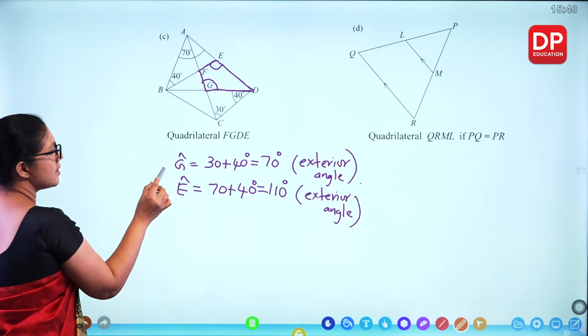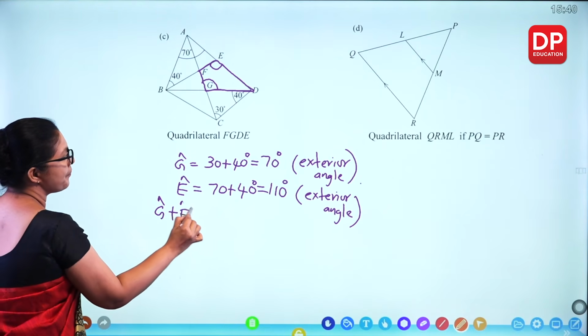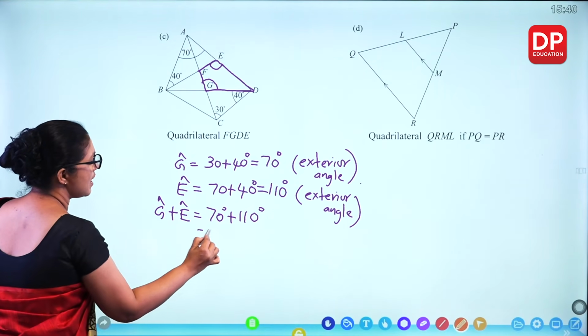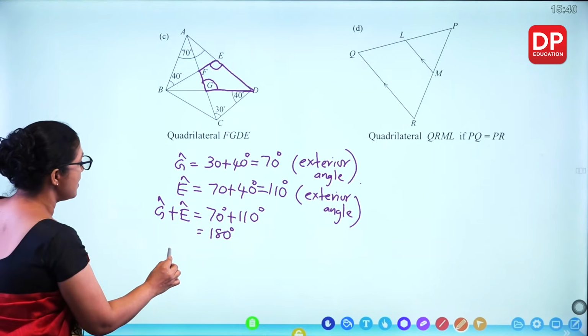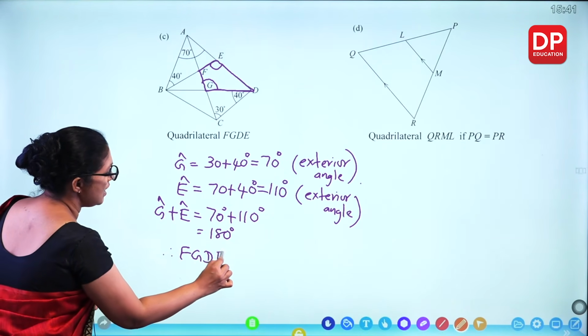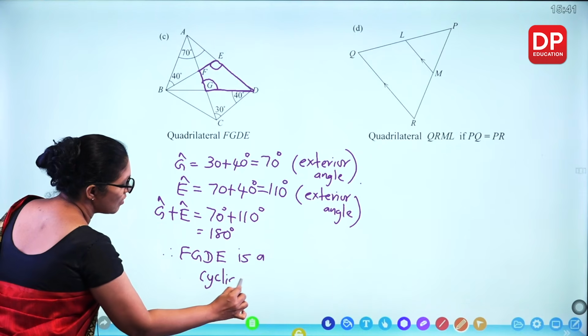Then when you add G and E, what you get? 70 plus 110, you get 180. Opposite angles are supplementary. Therefore, FGDE is a cyclic quadrilateral.